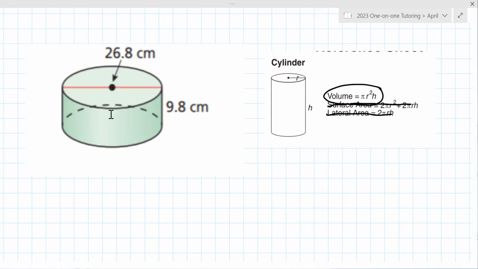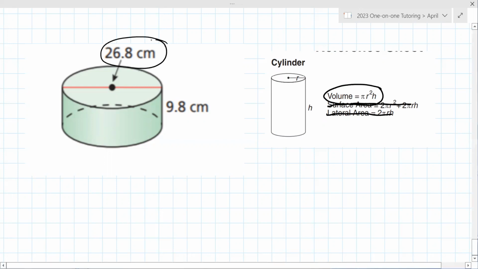The diameter. Two radii make the diameter, and we are given 26.8 centimeters. So that would be 26.8 squared times 9.8. This is not the radius though. You have to cut it in half. That's the diameter.